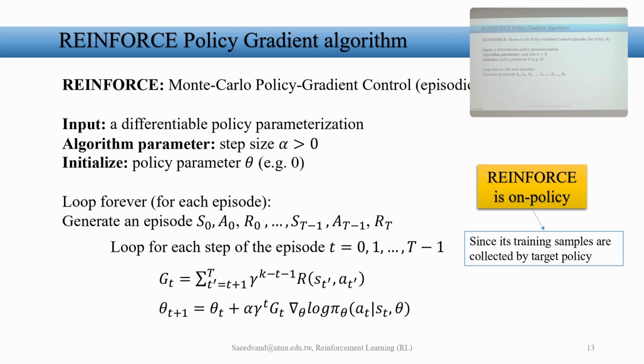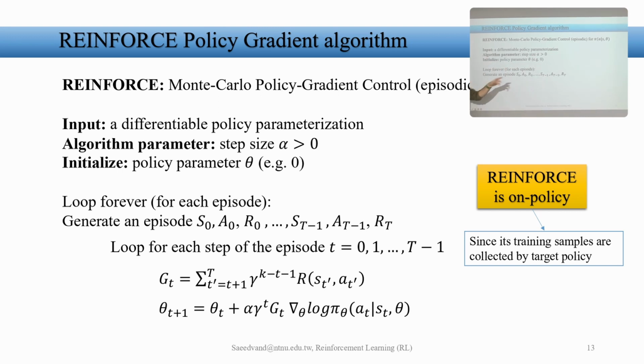So we generate an episode from the state, pairs of state, action, and reward, state, action, reward, and finally the last state, action, reward. The last part ends at T minus 1, because if the next state is terminal, we have already finished and don't need to calculate it again.